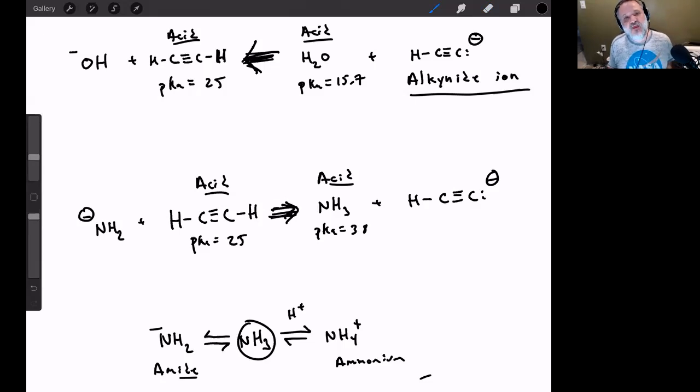And so the moral of this story is that if you take an alkyne and you react it with sodium amide, then you can form an alkynide ion with pretty decent yields. And if you can form an alkynide ion, what does this thing do?